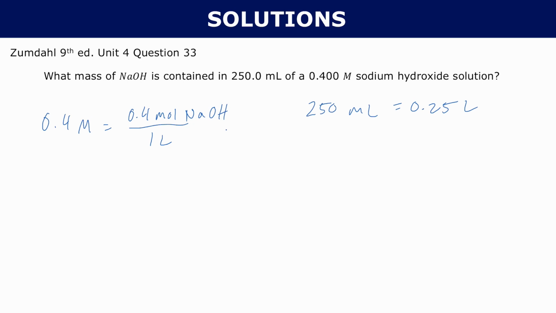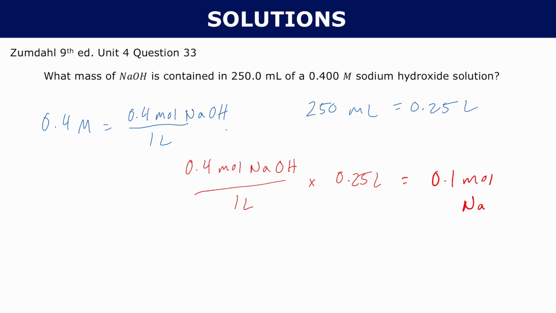And we can use this to find how many moles of NaOH we're dealing with here. We have 0.4 moles of NaOH per 1 liter, and we have 0.25 liters. And so we realize that we have 0.1 moles of sodium hydroxide.